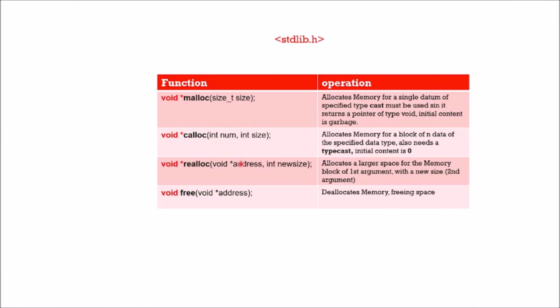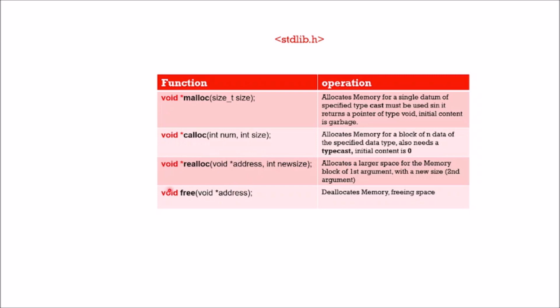So I will keep the first 10 ages, but the new size is going to be 20. So I have 10 additional spaces. Okay, so realloc will basically allocate larger space for the memory block specified in the first argument here, with the new size specified as in the second argument, keeping the old values.